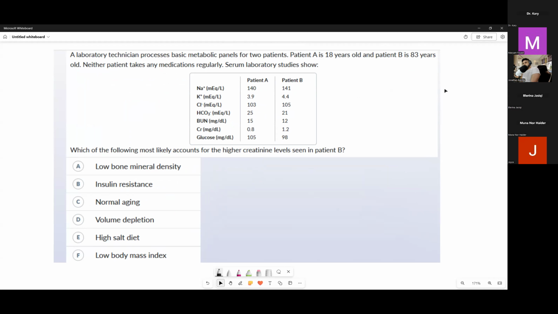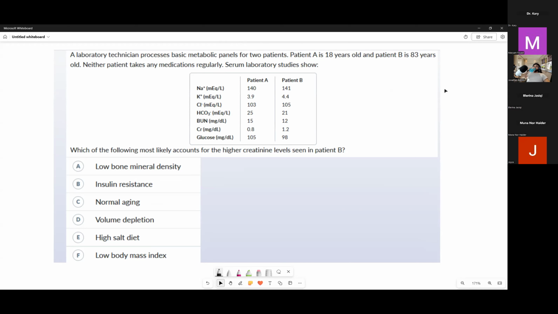Okay, let's see. Which of the following most likely accounts for the higher creatinine levels seen in patient B? A lab technician processed basic metabolic panels for two patients. Patient A is an 18-year-old and patient B is an 83-year-old. Neither patient takes any medications regularly.